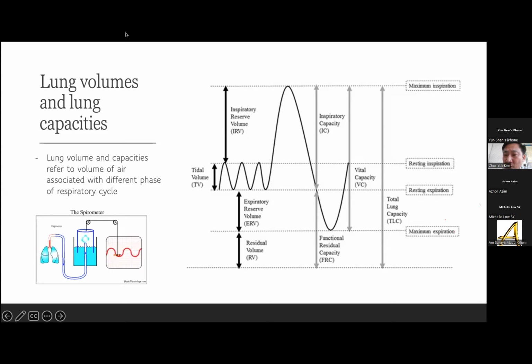When the machine does its self-check in the initial step, it will calculate the compliance. For example, I'm using Servo-i. At the last step of your calibration, the machine will ask you whether you want to compensate the compliance. It's very important at this stage. If you don't compensate the tubing compliance, the machine will calculate a tidal volume which includes the tubing.